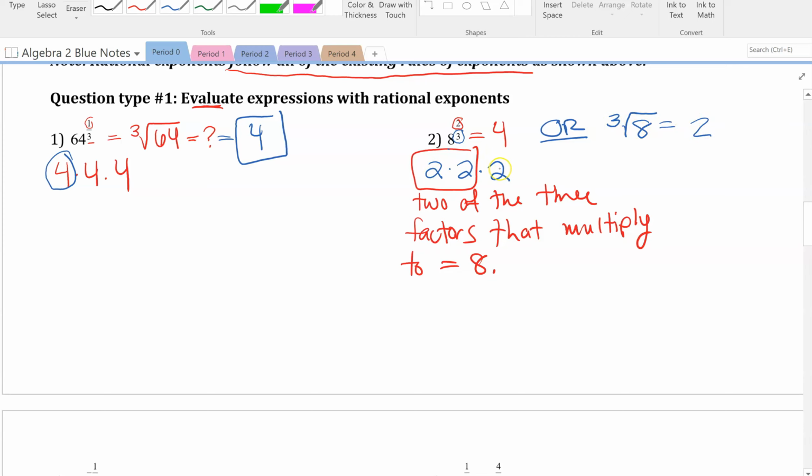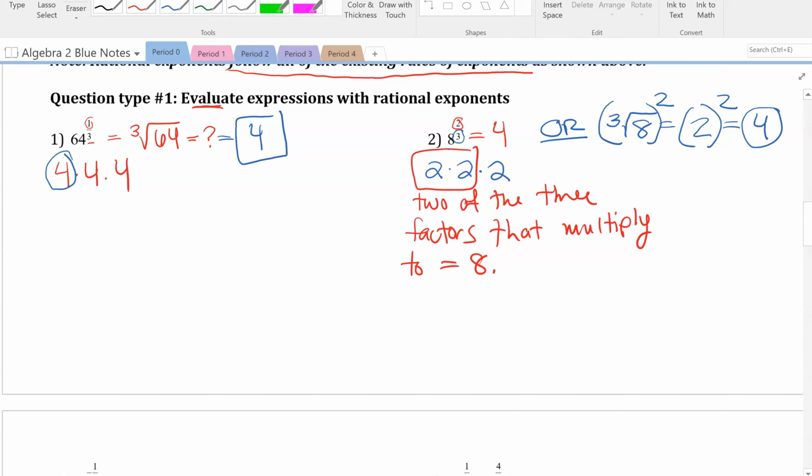The number that multiplies to itself 3 times to equal 8 is 2. And then I take that cube root of 8 and square it, because the numerator of a rational exponent is the power. So the denominator is the index, so I do a cube root of 8 and get 2. The numerator is the power, so I take that 2 and raise it to the power of 2 and get 4. That's the other way you can think about it.